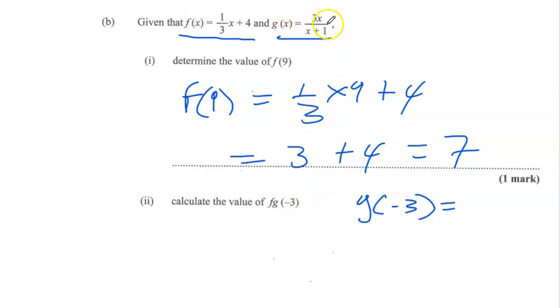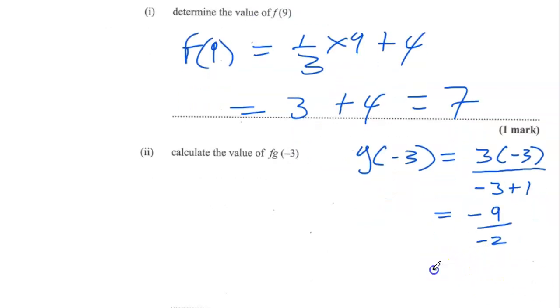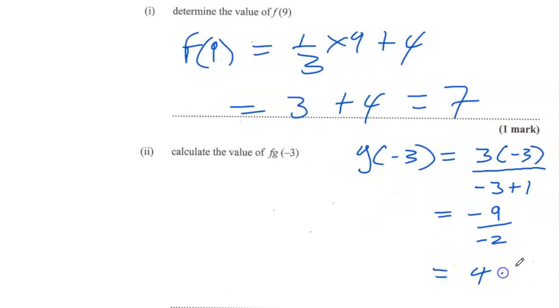So g of minus 3 is 3 times minus 3 upon minus 3 plus 1. That's minus 9 upon minus 2. That's positive 4.5. So g of minus 3 is 4.5.